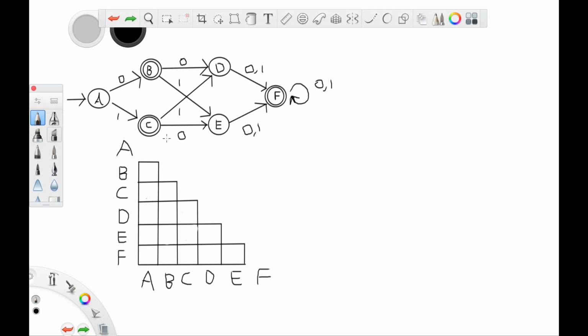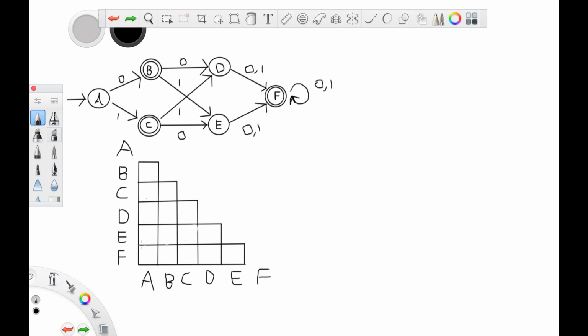To make this table, we actually make a table with 6 rows and 6 columns, but then we chop off half of it and the diagonal, because we're going to be comparing states, and we don't need to compare states with themselves, so we don't need AA or BB and so on and so forth.